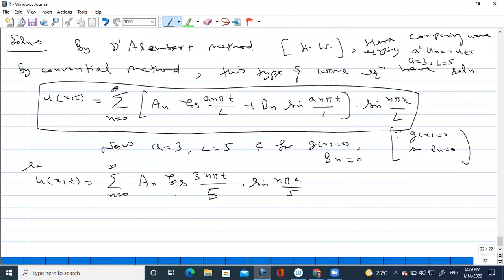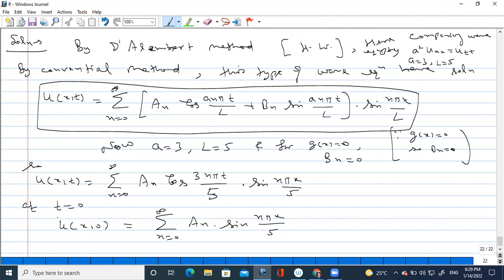Okay. So in that also, I can apply t equal to 0. So at t equal to 0, this will become ux0. That will be equal to this side. Cos 0 will be 1, so only this much is remaining: summation n equal to 0 to infinity an into sin(n pi x by 5).